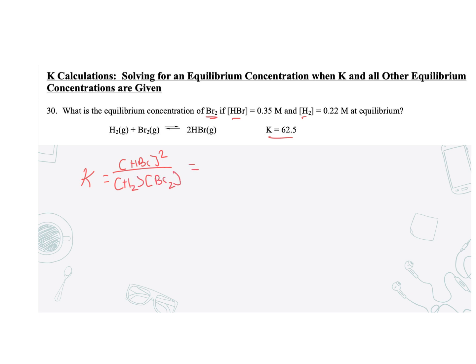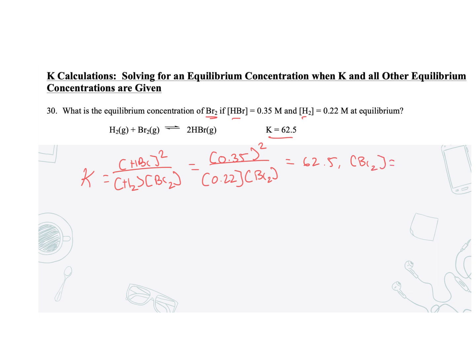We can plug in some values here. We know HBr, that's 0.35, and that has to be squared. We know the concentration of H2, that's 0.22, and we're trying to find the concentration of Br2. All this should be equal to 62.5, and again, all we need to do here is some simple algebra.